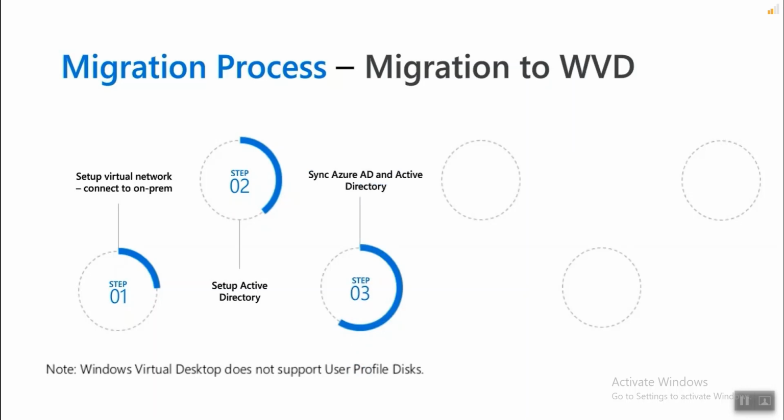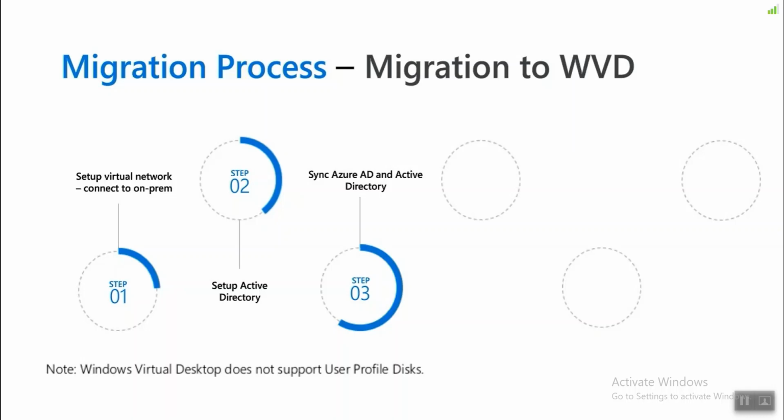Then the other thing is Windows Virtual Desktop uses Azure Active Directory for the first line of authentication of the users. So once you set up the Active Directory, you need to ensure that Azure Active Directory and Active Directory are synced. You need to ensure that the usernames and password hashes are synced between Azure Active Directory and Active Directory.